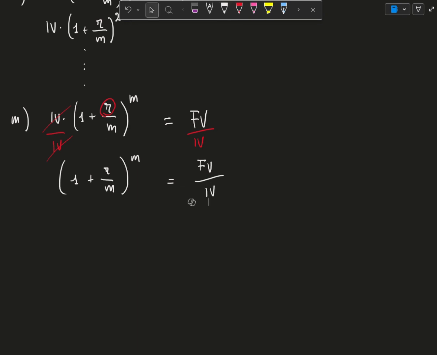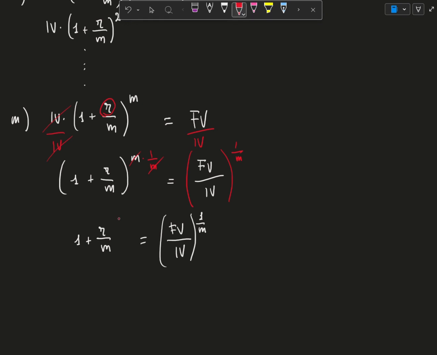Then since we want to isolate R, we still need to do some manipulation. Why don't we multiply the exponent by 1 over M? So we raise this to the power of 1 over M. These two will cancel out, and we will be left with 1 plus R over M, which is going to be equal to final value over initial value to the power of 1 over M.